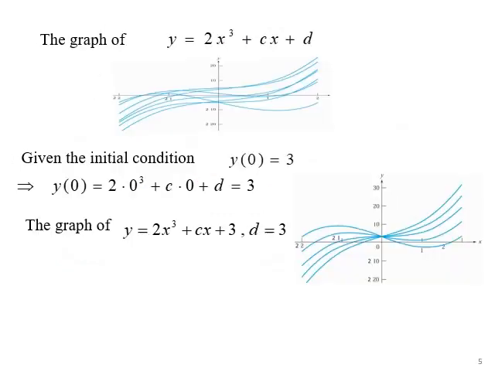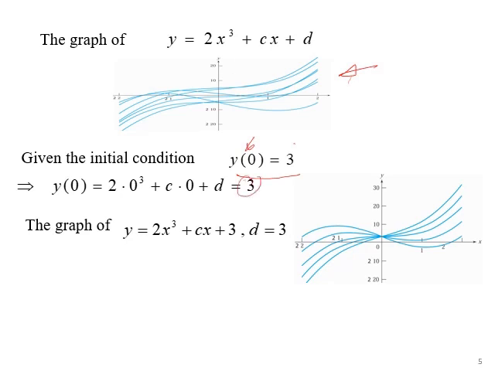Now if I sketch this equation, because the constants c and d are not known to us, we will have an infinite number of curves. You give numbers for c and d, you have a different curve. If an initial condition is given, for example y of 0 equals 3, and I substitute it in y, I get d equal to 3.